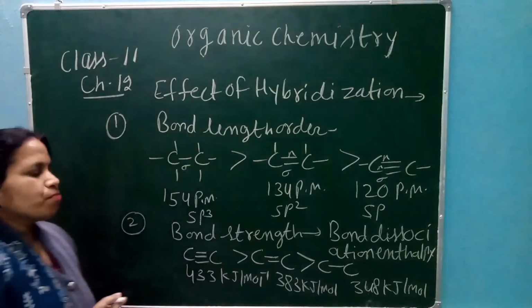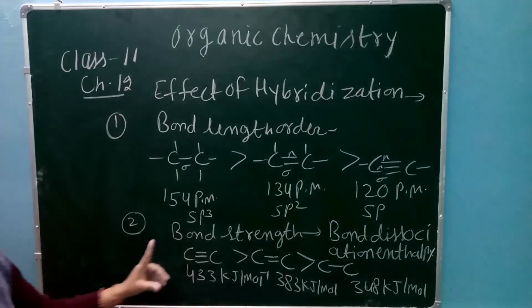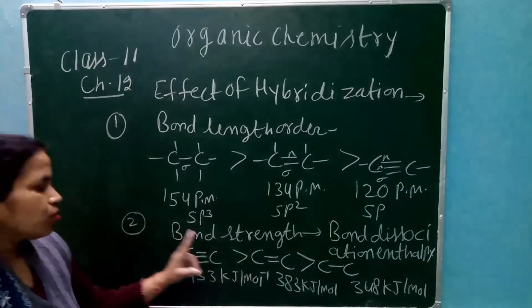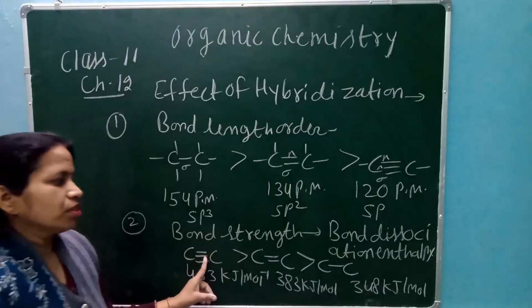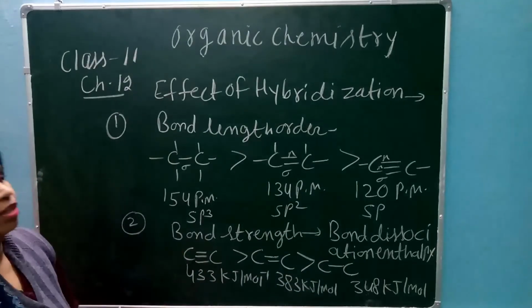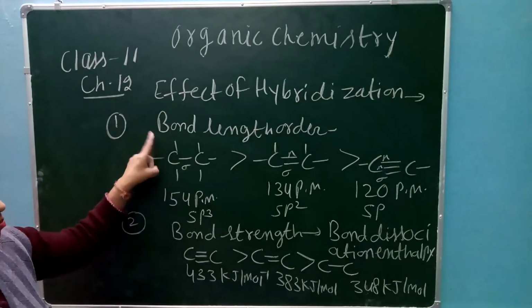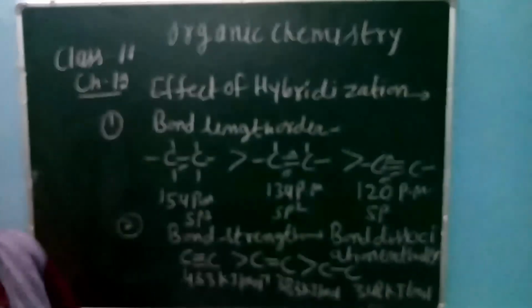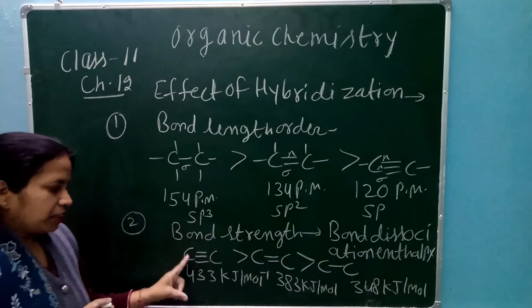So which is the strong bond? Alkyne. Triple bond is the stronger bond, because bond dissociation enthalpy is higher for the triple bond. Bond strength means bond dissociation enthalpy, and it's clear.